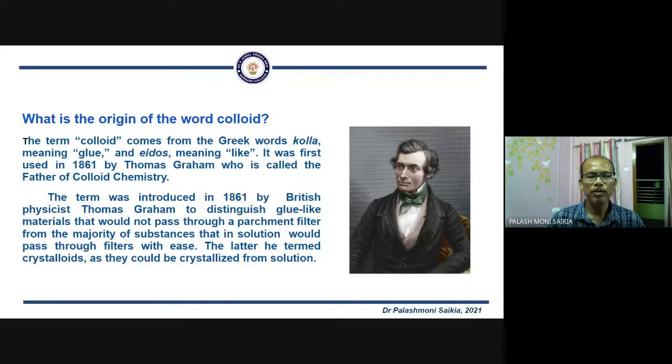Those which cannot, we call colloids after glue-like, and those which can pass through the parchment membrane, crystalloids. Why? Because they can be crystallized from the solution. So that is about the terminology of the word colloid. So the father of colloid chemistry is definitely Thomas Graham.